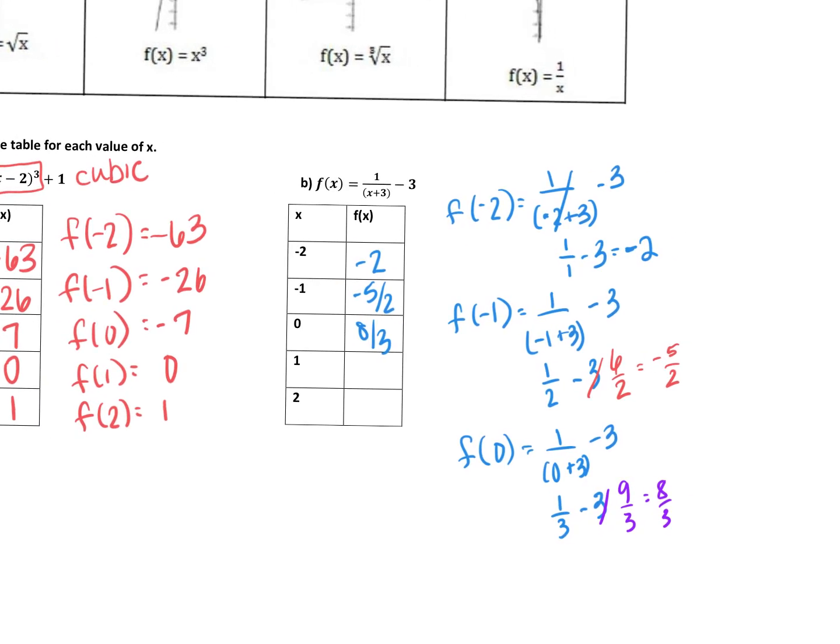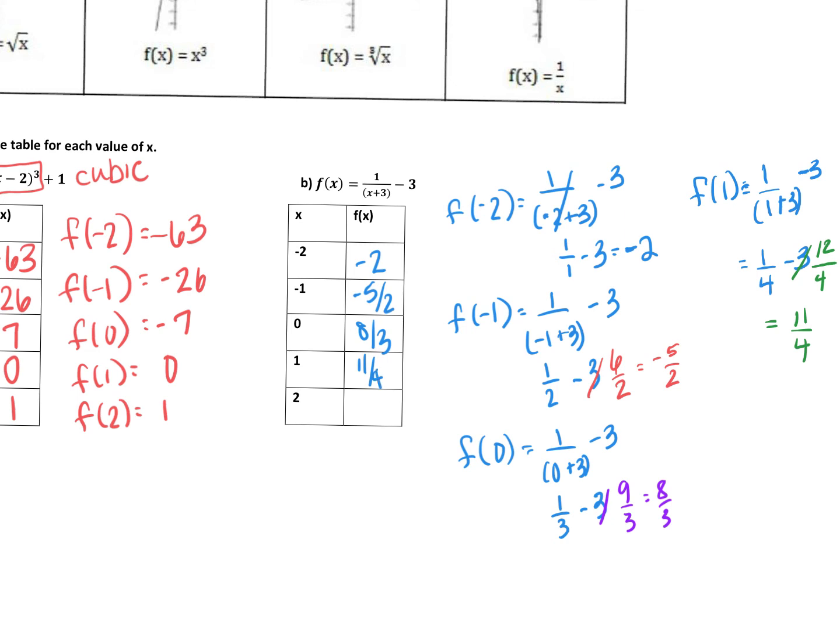We can do our next one, which is 1. So f of 1 is equal to 1 over 1 plus 3, minus 3. So again, 1 plus 3 is 4, so that's equal to 1/4 minus 3. And again, we need to convert this to a fraction. So 4 times 3 is 12. So that's just 12 over 4. That's equal to 11/4.